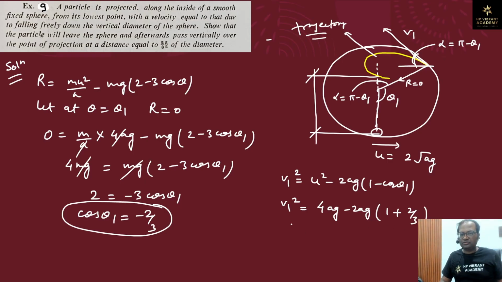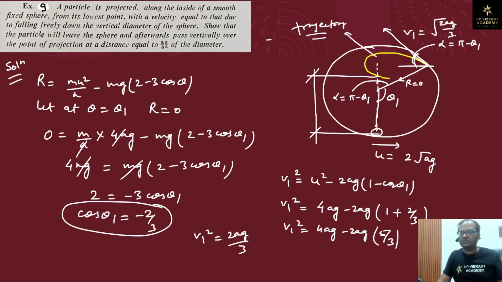So V1 square is equal to 4ag minus 2ag into 5 upon 3. This will be 12 minus 10, so 2ag upon 3. So V1 is equal to root under 2ag upon 3.